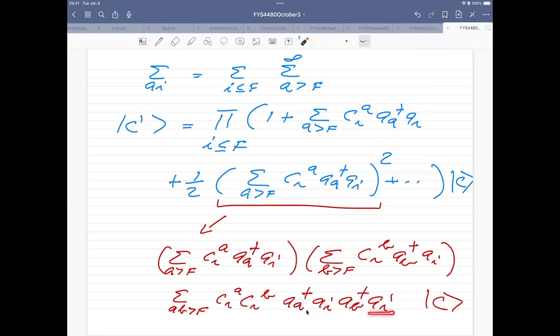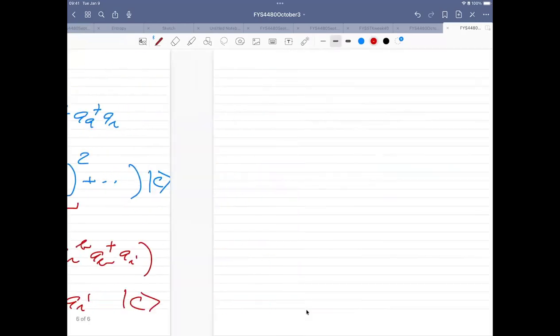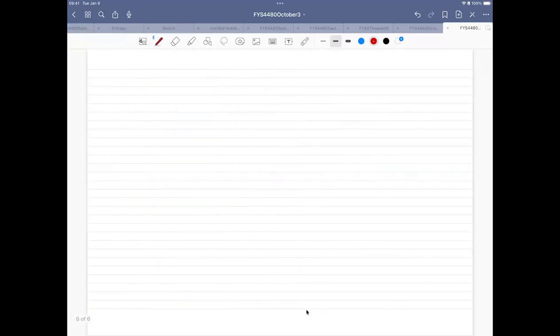So the squared one and higher order terms are all going to vanish, due to the fact that this state has been removed once, and then I cannot keep removing it, because we have that a_i acting on 0 is equal to 0. Okay? So that simplifies my expression for the Slater determinant.